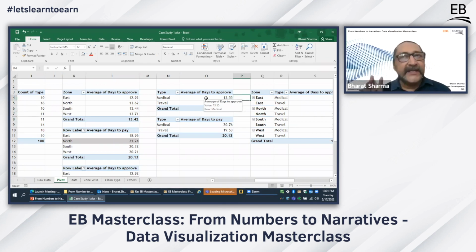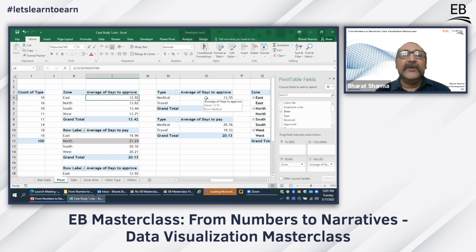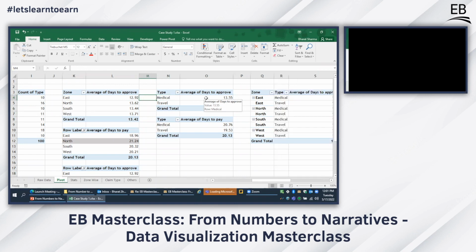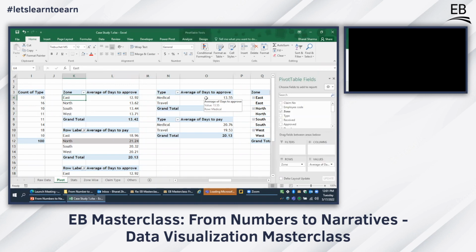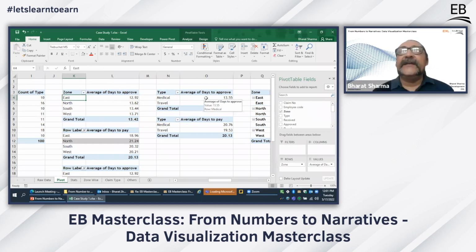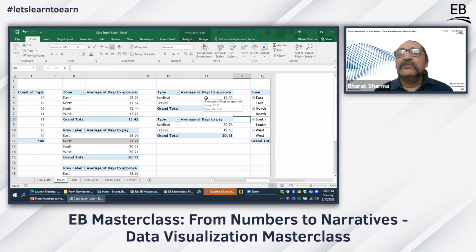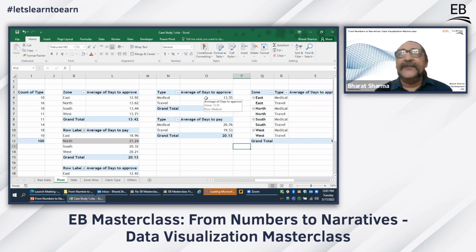So there is a problem. The problem is not inclined towards any zone or any claim type. This problem is in totality, in entirety. So we have to go and do more in depth as to what is happening.